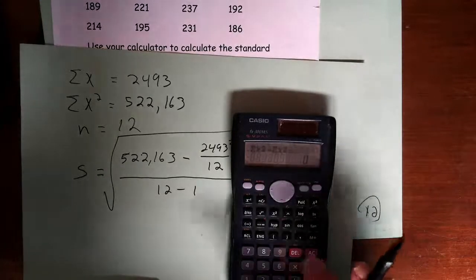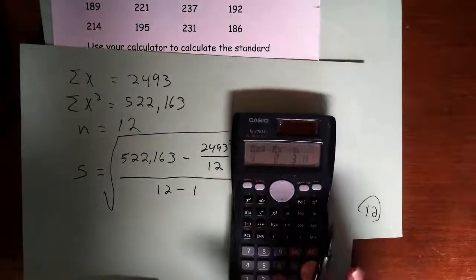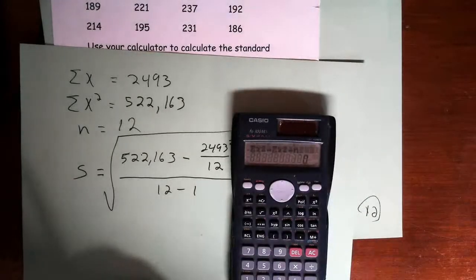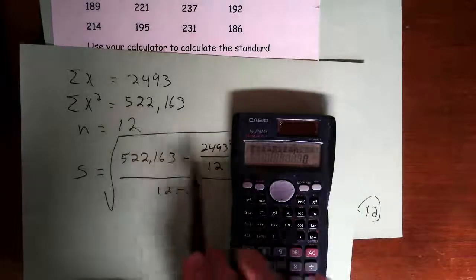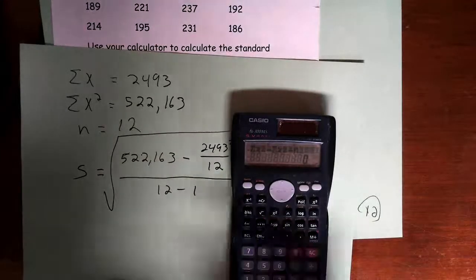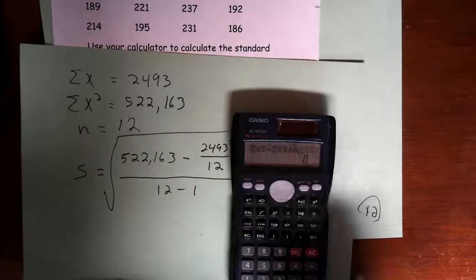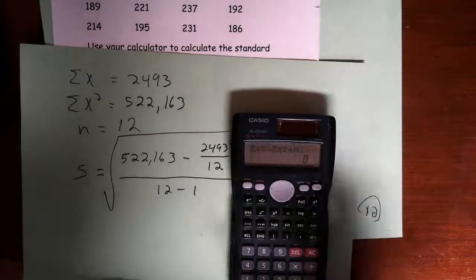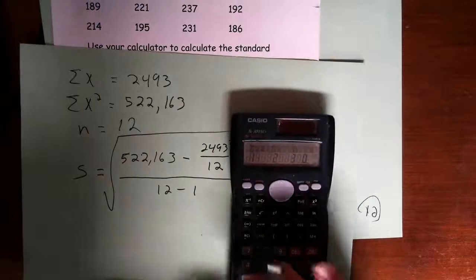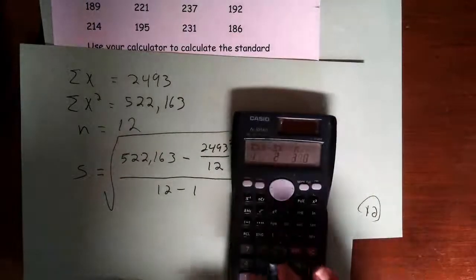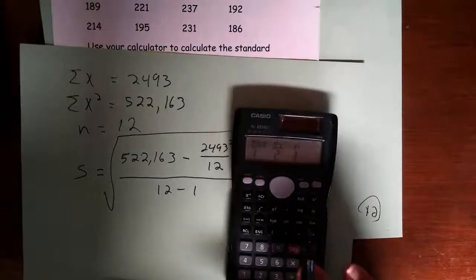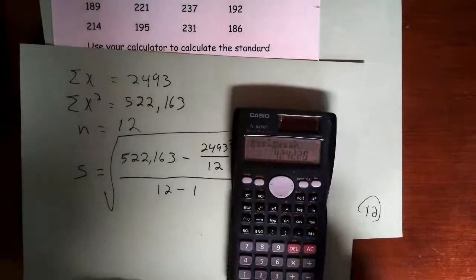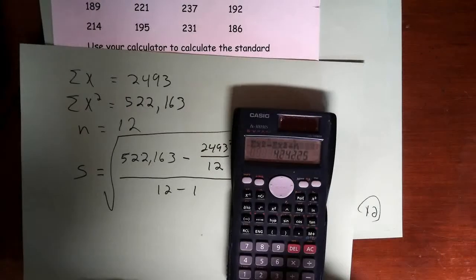And then I can hit divide, Shift 1, 3, and then I got the n. And so there I have the formula, just like it is here, and it kind of goes in order. So let me show you again. Shift 1, 1 minus Shift 1, 2 squared divided by Shift 1, 3, and then hit equals, and I get the top.